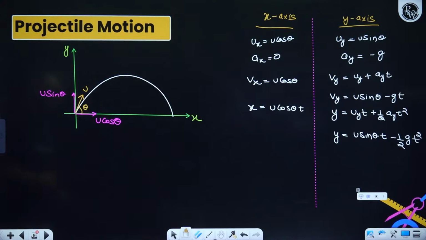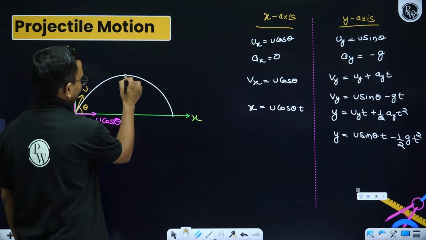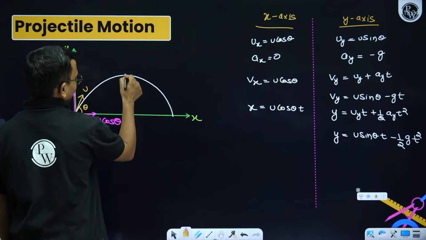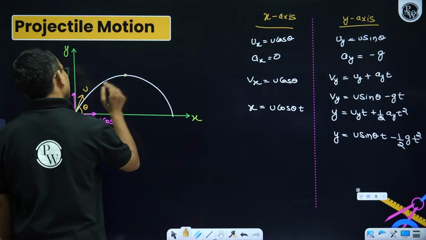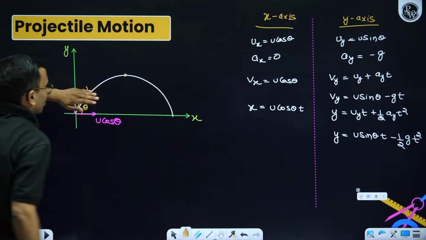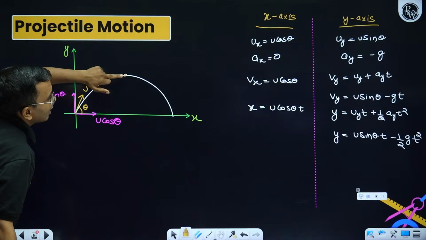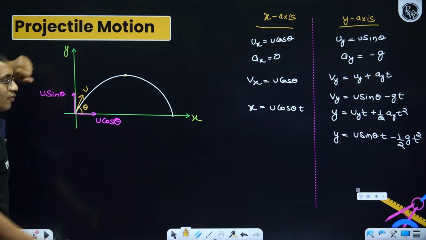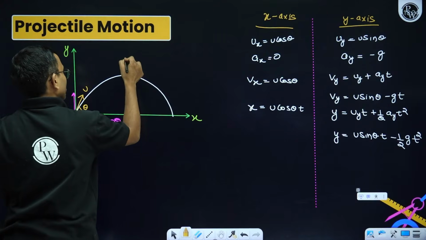Now let us find the standard things. Standard things means when the particle reaches maximum height. When the particle reaches maximum height, it is just moving in the x direction because it cannot go along the y-axis beyond that point. So the velocity along the y-axis will be 0 at the topmost point.